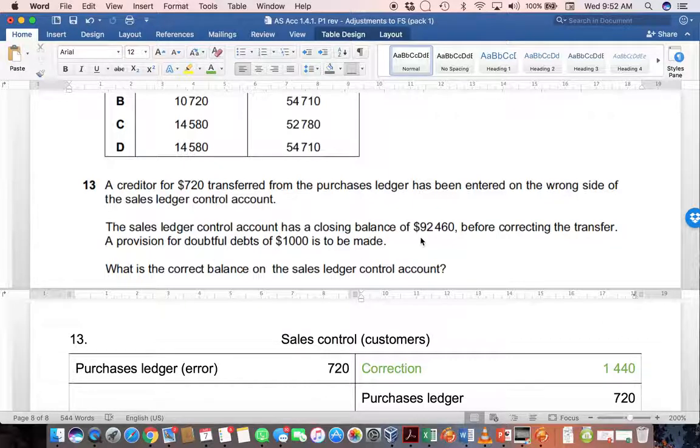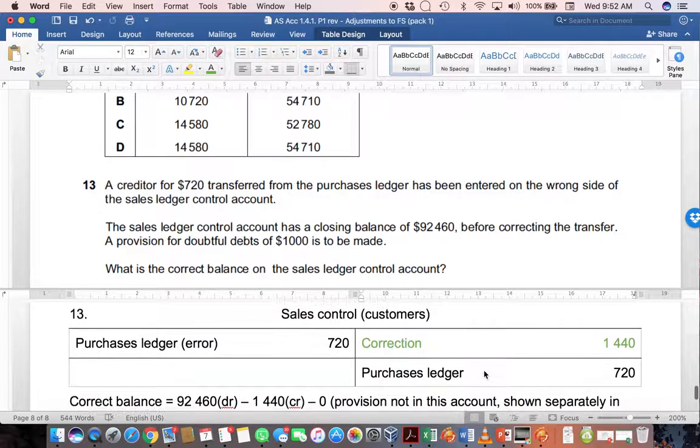The sales ledger control account has a closing balance of 92460 before correcting the transfer, and then a provision for doubtful debts of $1,000 is to be made. What is the correct balance on the sales ledger control account?